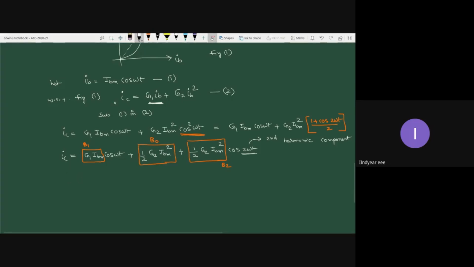Let me define those terms. Let B1 is equal to G1 IBM, the amplitude of the fundamental frequency.